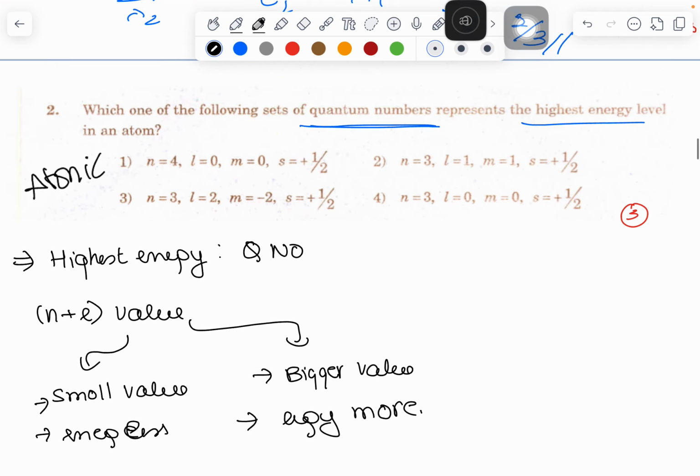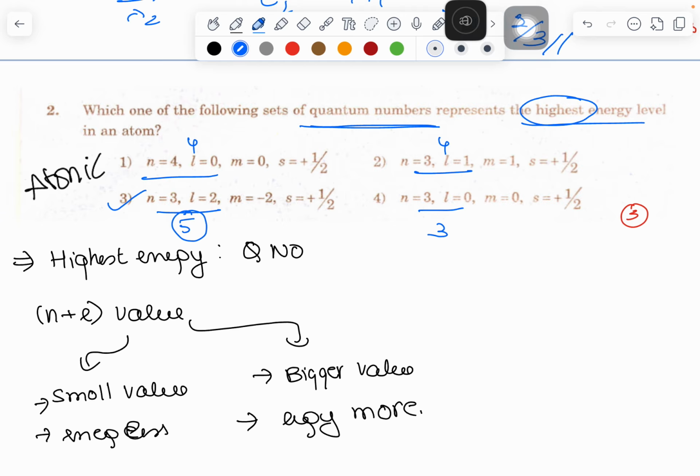Let's see the n plus l value for all the options. Here 4 plus 0 is 4, 3 plus 2 is 5, 3 plus 1 is 4, 3 plus 0 is 3. So the highest n plus l value is 5, so the option is the third one. If the question were lowest, then the option would be the fourth one.